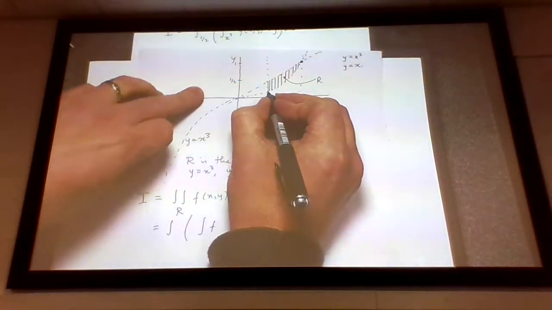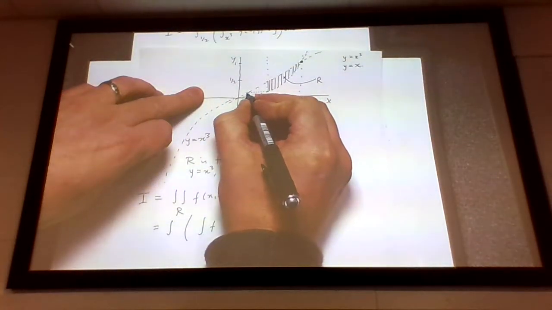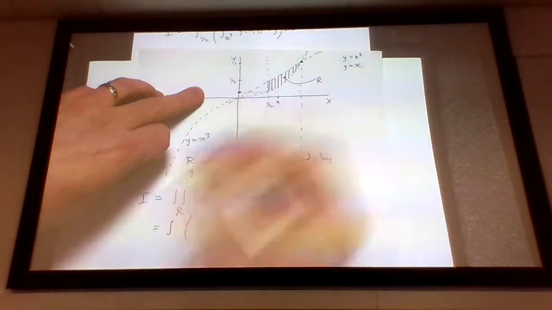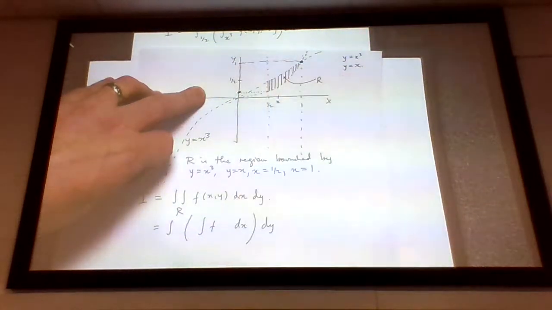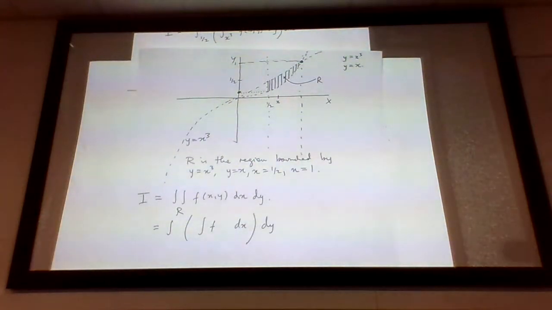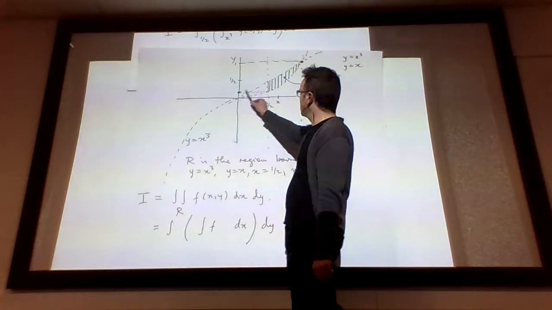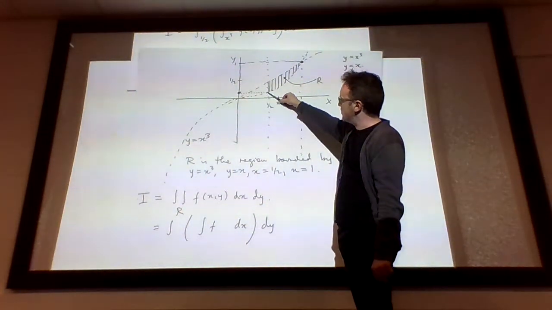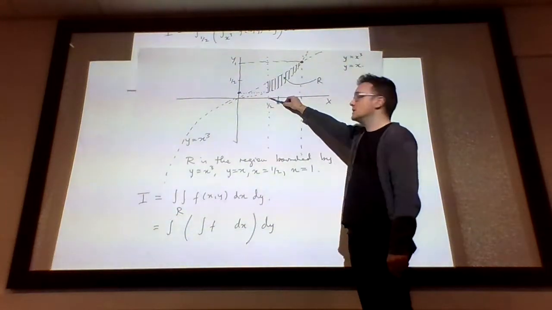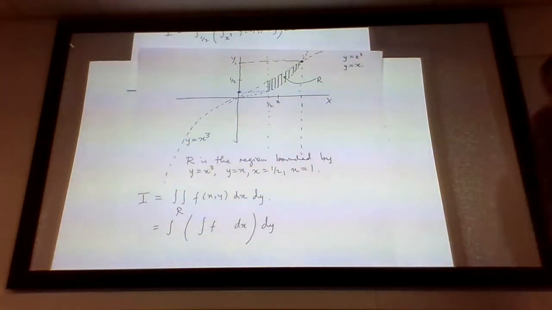Well, the lowest y can get is this value here, and the highest y can get is equal to 1. And what is this value here on the y variable? Well, it's the y coordinate of this bottom corner point. This bottom corner point is the point on the curve y equals x cubed at x equals a half.